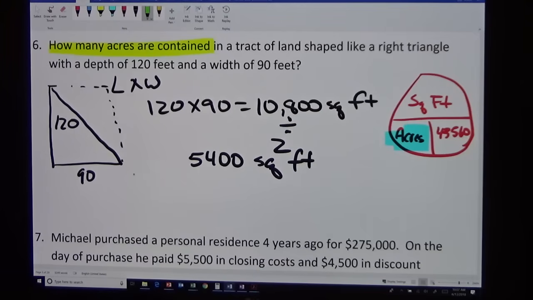So square footage of 5,400 divided by 43,560 equals 0.1239 or .124 acres.